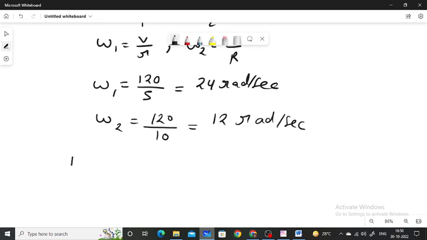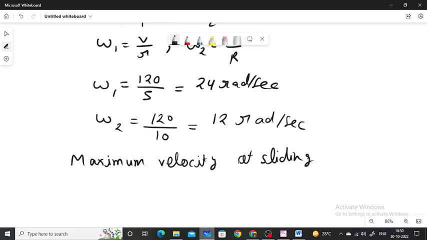So maximum velocity of sliding will be equal to the omega 1 plus omega 2 into path of approach.